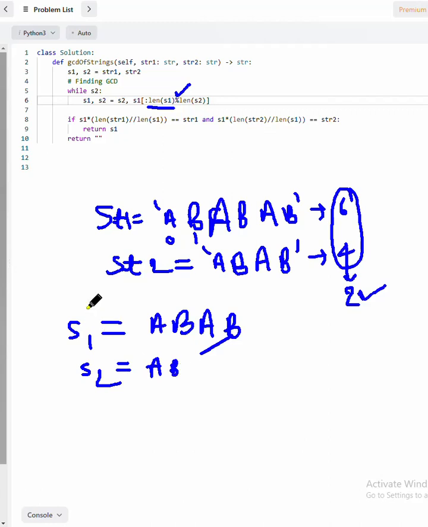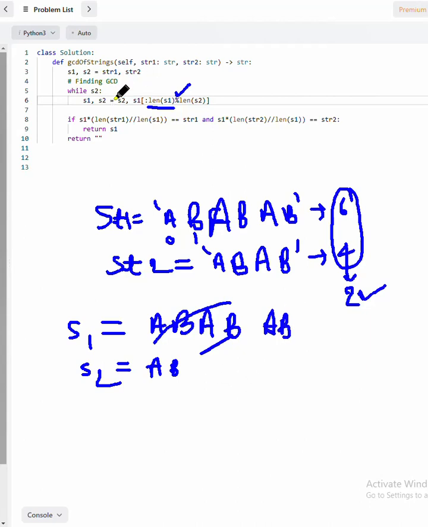So this is my S1 and this is my S2. Now again I am checking the length of S2. Is S2 0? No, we have AB. So if not, what I have to do is store S2 in S1. So cancel this and store AB.